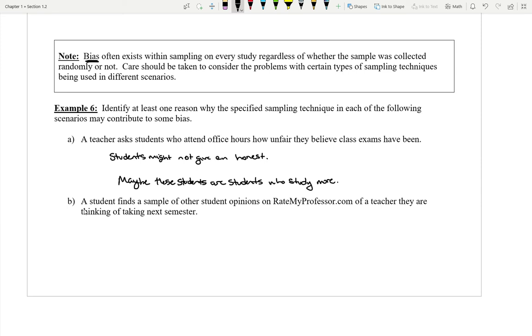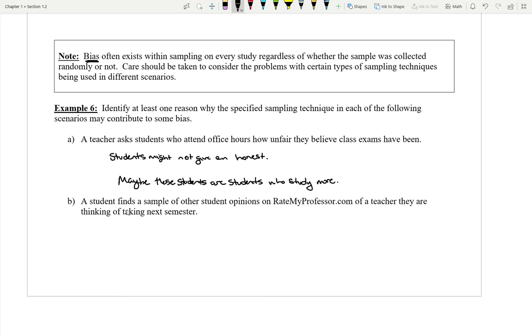A student finds a sample of other student opinions on Rate My Professor of a teacher they are thinking of taking next semester. Well, we talked about this a little bit in the last example, but why might this have some bias to it? It's just Rate My Professor. Everybody uses Rate My Professor. Heck, I remember being in school using Rate My Professor.